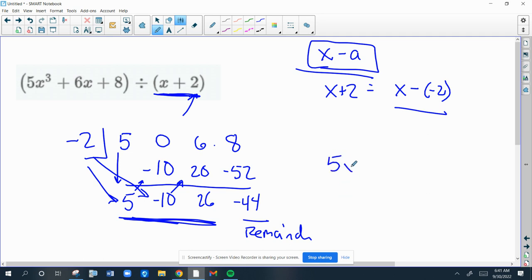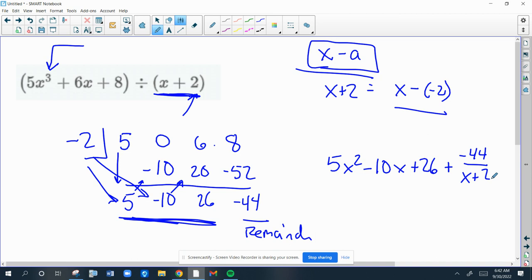With synthetic division, it's always reduced by a degree. So if you started out with x cubed, it would be x squared. And then just proceed downwards. So minus 10x to the first, plus 26 is the constant. Your remainder is negative 44. So I'll just go plus a negative 44 over the divisor, which was x plus 2.